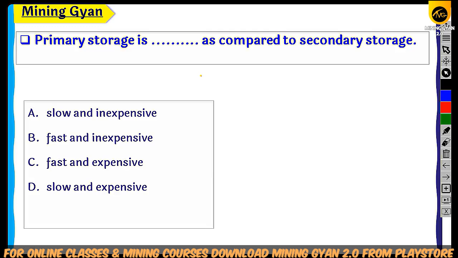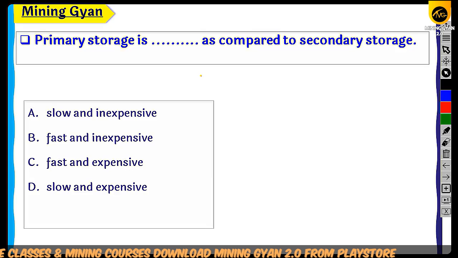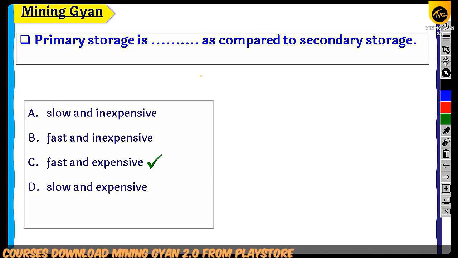Option A is slow and inexpensive, B is fast and inexpensive, C is fast and expensive, option D is slow and expensive. Primary storage is like RAM or ROM. If you compare it with the secondary storage, it's fast but expensive. So option C is the correct answer. It is fast and expensive as compared to secondary storage devices.